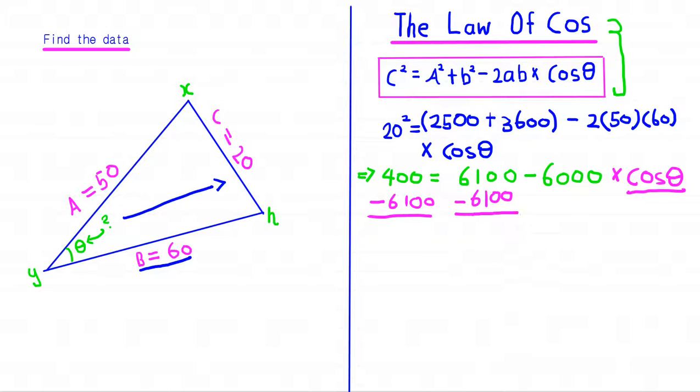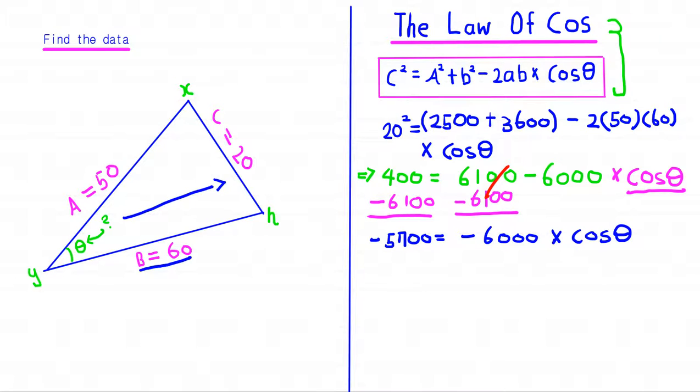On the right side the 6,100 cancels out, and on the left side we have 400 minus 6,100, which is equal to negative 5,700, and that is equal to negative 6,000 times cosine of theta.